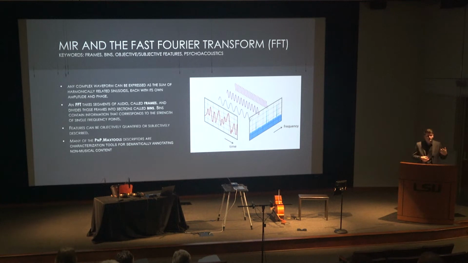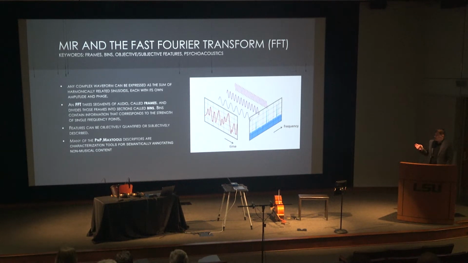Features that are subjective are typically described using the type of language that a non-musician might use to describe music. What's its mood? How does it make you feel? What's its energy? Things like that, that are much harder to objectively quantify, but still have some important meaning as it relates to the content of the sound at large.